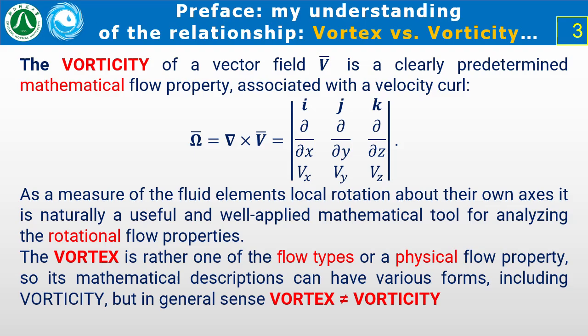As a measure of the fluid element local rotation about their own axis, it is naturally a useful and well-applied mathematical tool for analyzing the rotational flow properties. The vortex is rather one of the flow types, or a physical flow property, so its mathematical description can have various forms, including vorticity, but in general sense, vortex is not equivalent to vorticity.